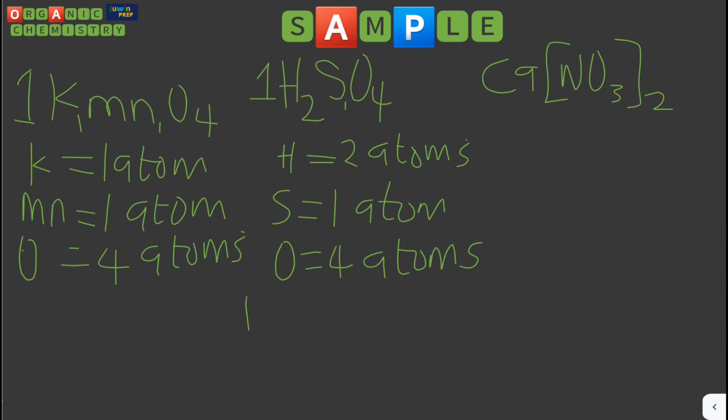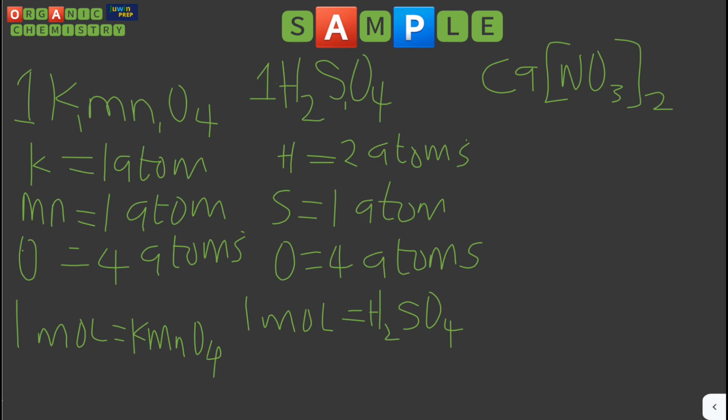What would this be? You got it right. 1 molecule of KMnO4.